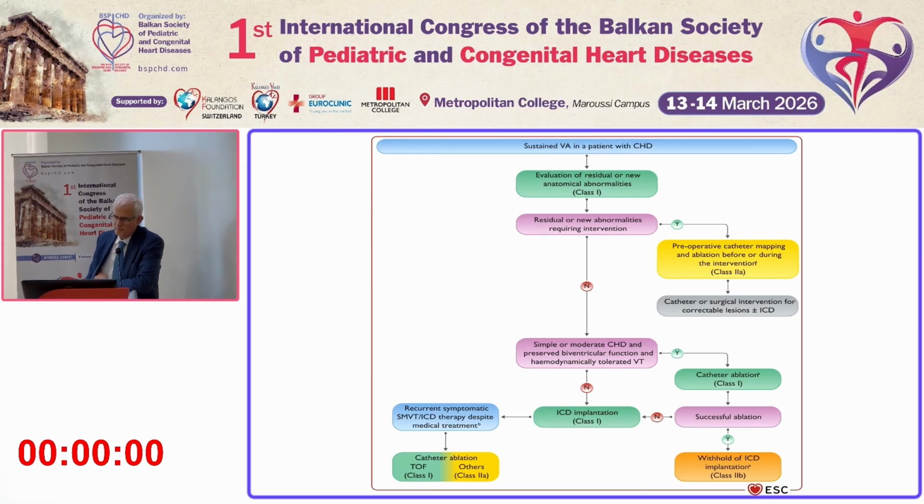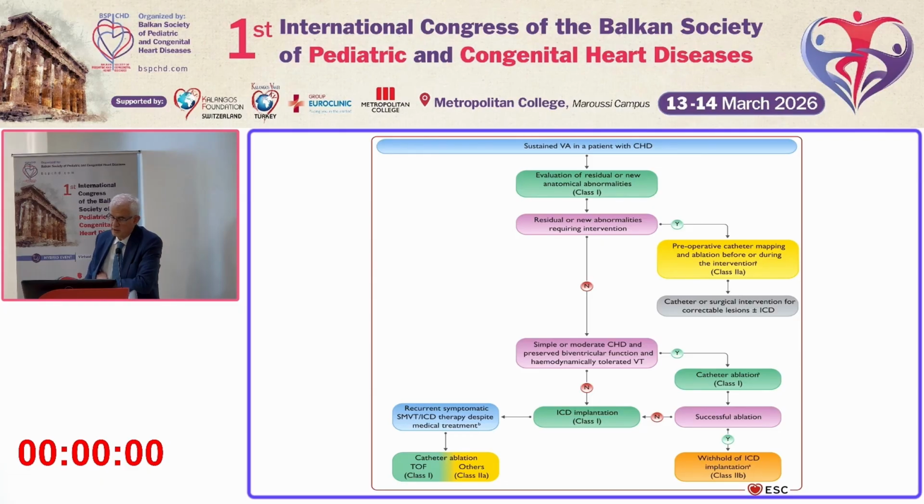In this final slide I have here, you can see an algorithm of the management of ventricular arrhythmia in a patient with congenital heart disease. So we first evaluate for residual or new anatomical abnormalities and see if there is any benefit of repairing them.